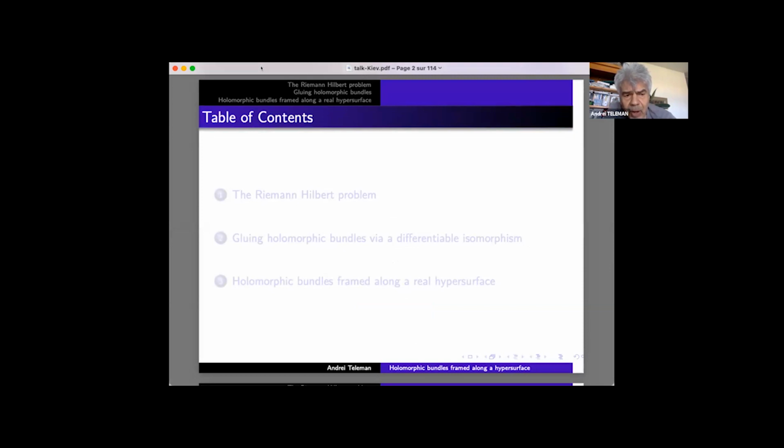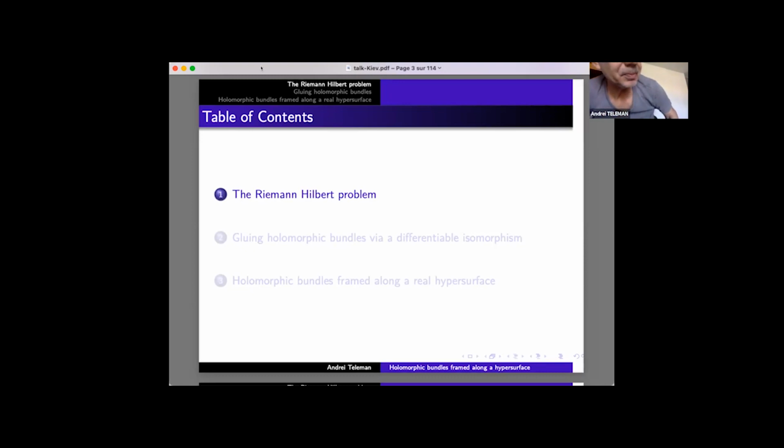Then I will go on with the second section, in which I explain the tools, the theorems I used to handle this classical problem, and in a certain sense to solve it, at least to give a geometric interpretation of the space of solutions. And finally, I explain an application in modern gauge theory, in modern geometry. Okay, so let's start.